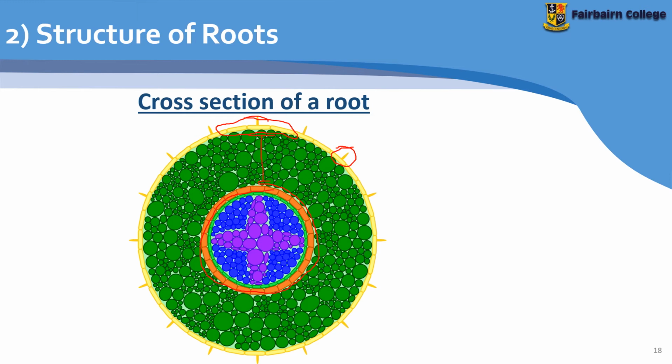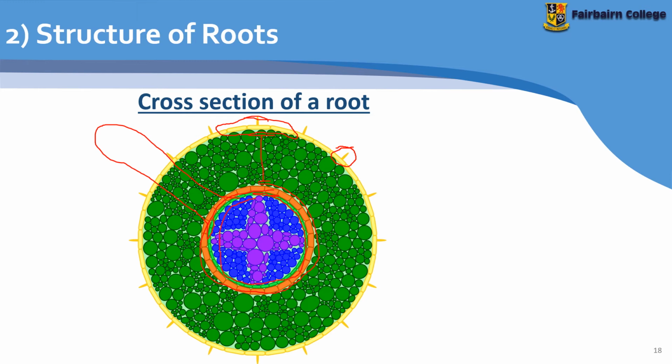Then just below that, we have the pericycle layer, which is meristematic tissue responsible for the growth of the roots, specifically the formation of lateral roots to extend the root system of the plant.